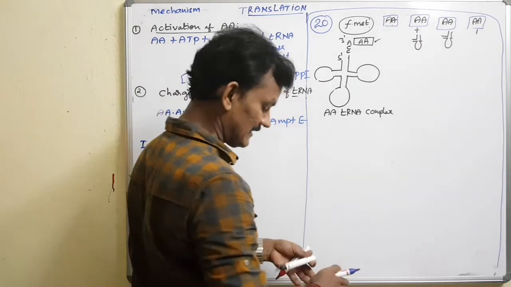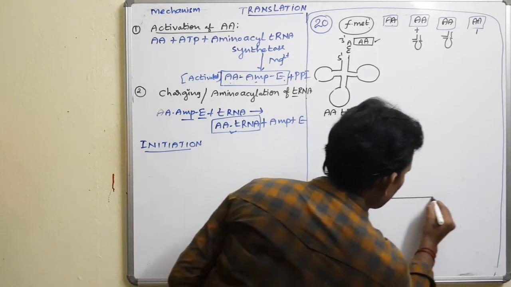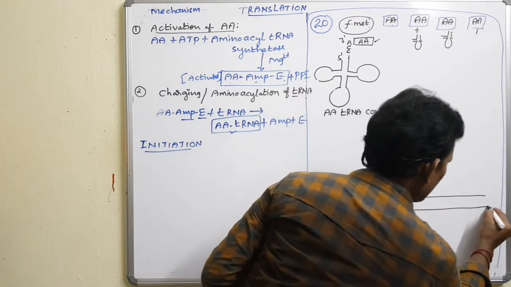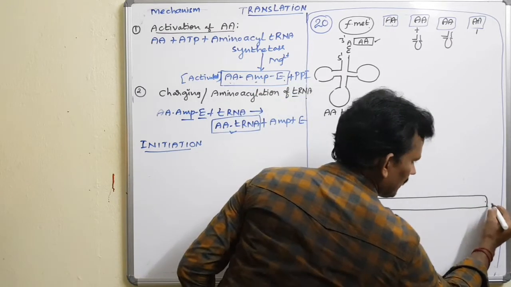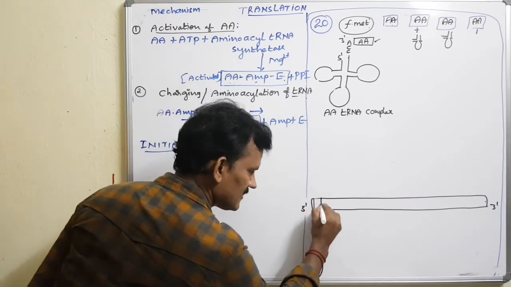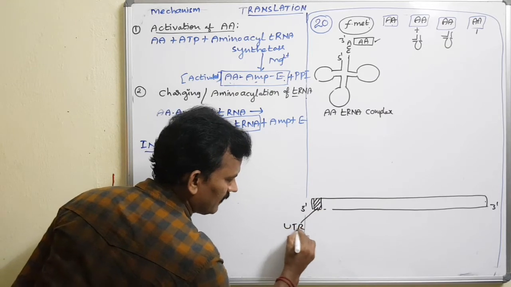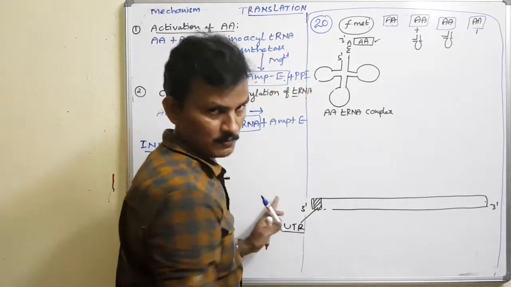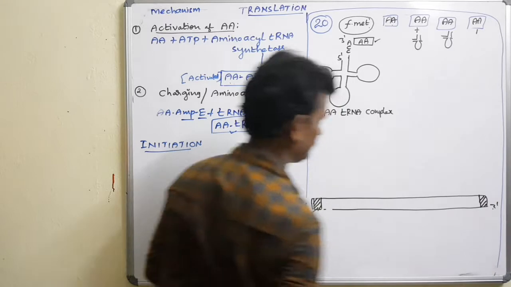In the cytosol of the cell, there is an mRNA, a single-stranded structure containing codons. On the mRNA, this is the cap region at the 5 prime end, and this is the tail part at the 3 prime end. There is an untranslated region, the UTR, that affects the efficiency of the translation process. Here is also a UTR.